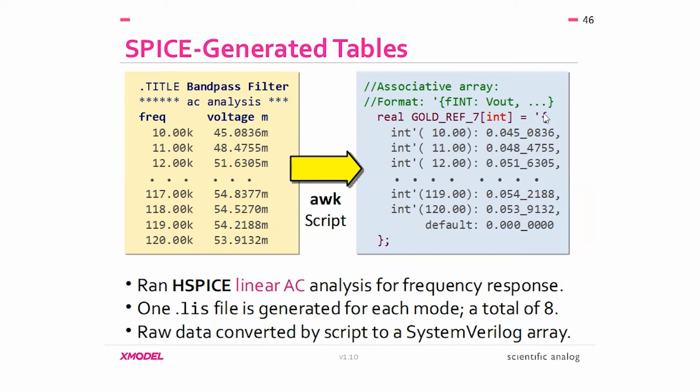And in SystemVerilog, we can use associative array literals to assign the contents of the entire lookup table at once inside a ticked, curly braced, comma separated list. And so we basically converted raw HSpice data into a syntactically correct SystemVerilog associative array.